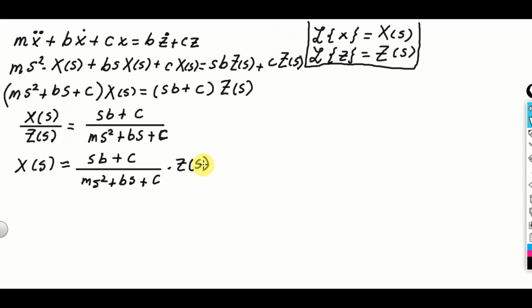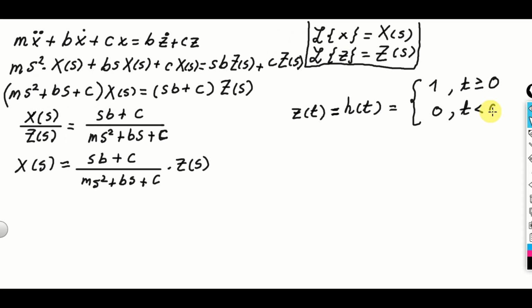When computing the DC gain of the system, we assume that the z function in the time domain is a simple Heaviside function that's defined like this: 1 for time greater than or equal to 0, and 0 for time smaller than 0. The Laplace transform of this function is 1 over s.